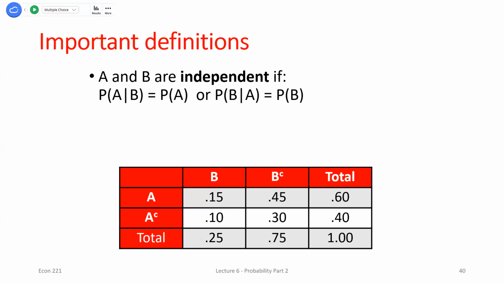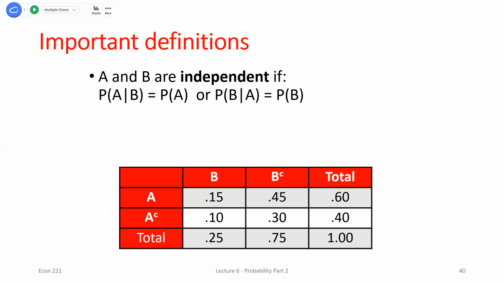If I take 0.15 divided by 0.25, what I end up figuring out is that's 0.6. And so this equality holds. So the unconditional probability of A is the same as the conditional probability of A, which is the literal definition of these being independent events. Knowing that B has occurred didn't change the underlying probability of A occurring at all.